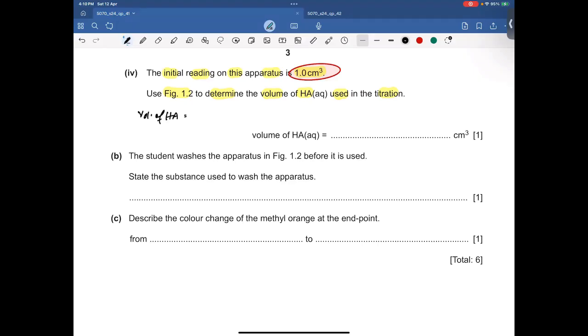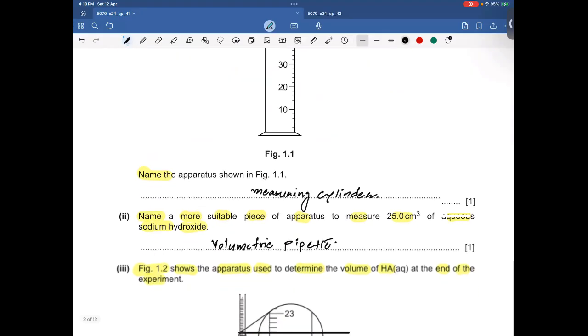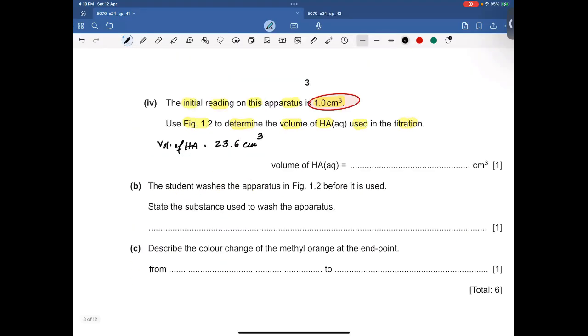Initial value is 1.0 cm cube and final value is 23.6 cm cube. So 23.6 minus 1.0 cm cube, it's going to be 22.6 cm cube. That's the volume of HA used in the titration.